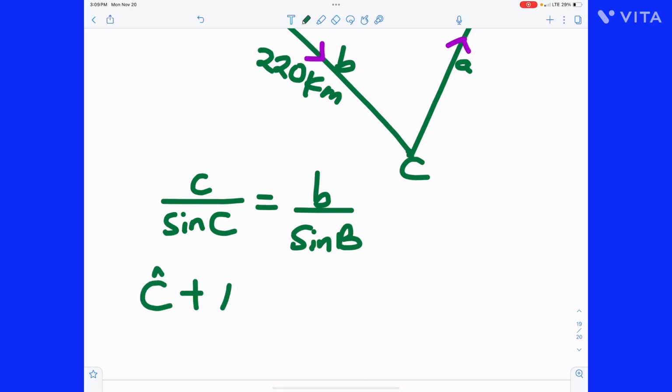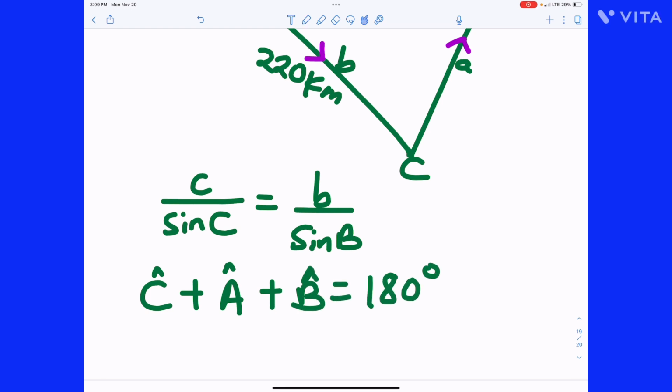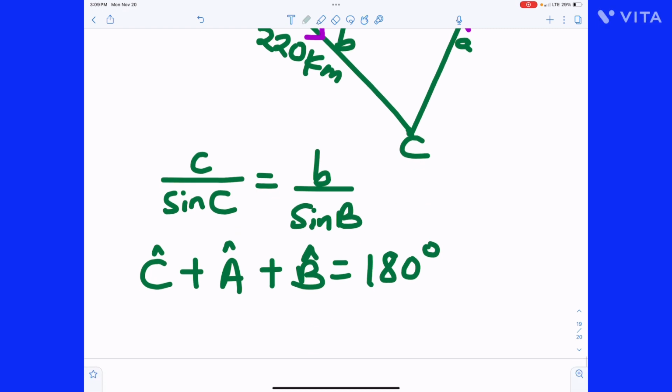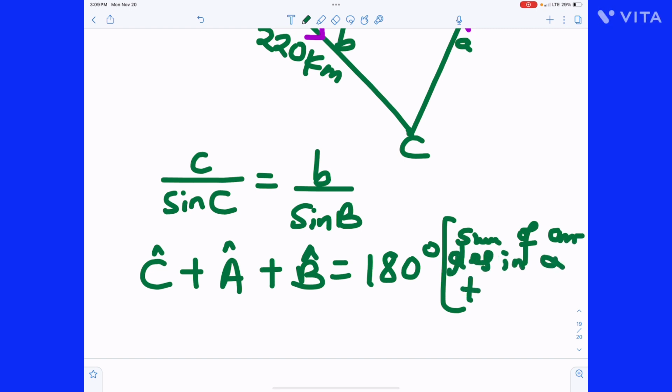Angle C plus angle A plus angle B is 180 degrees. What's the reason for that? Your reason should be sum of angles in a triangle.